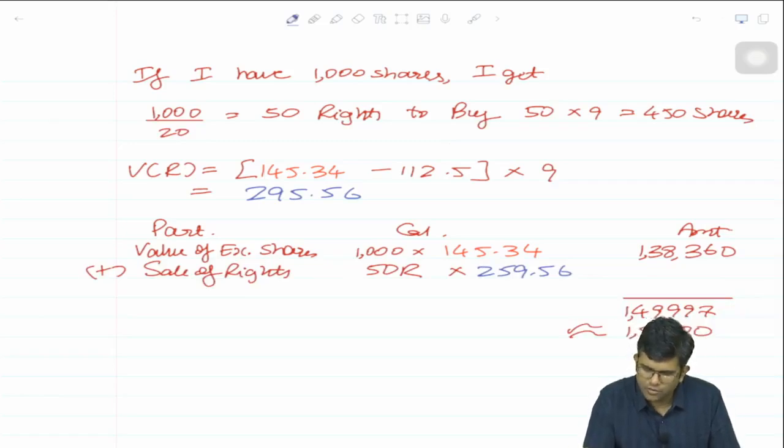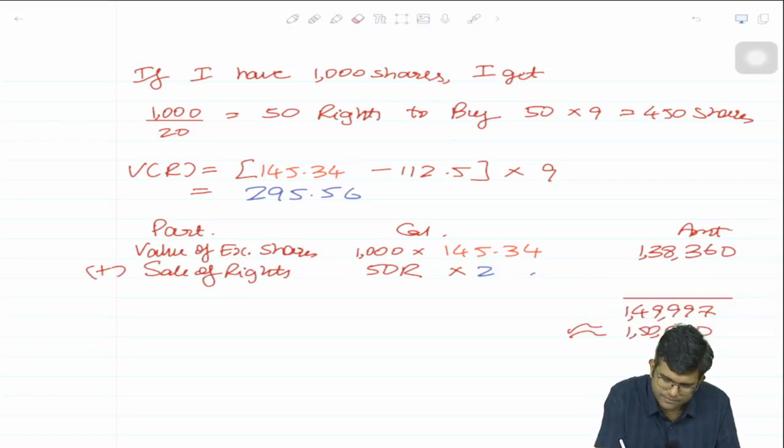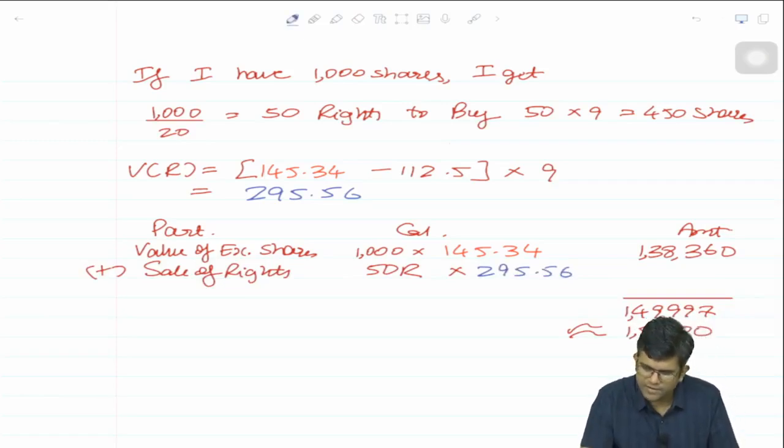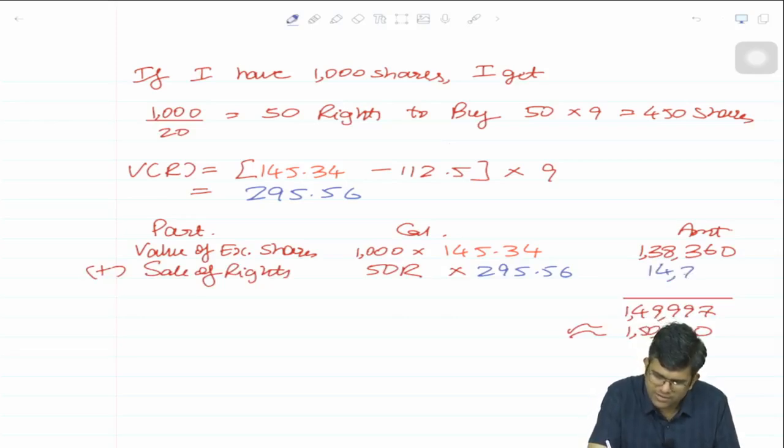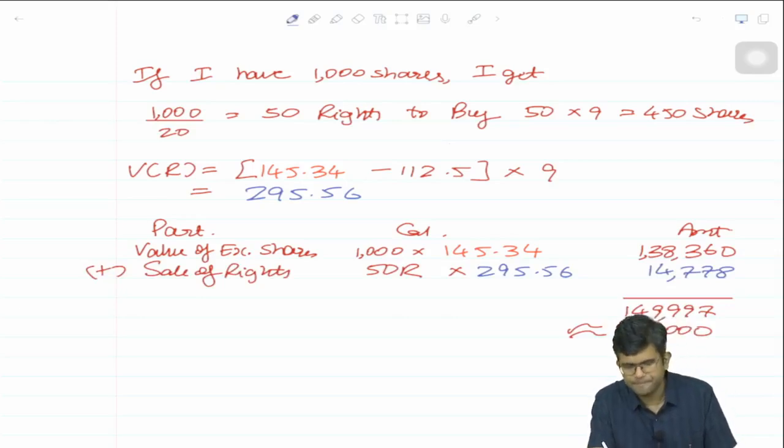So 50 into 295.56 is 14,778, and 138,360 plus 14,778.